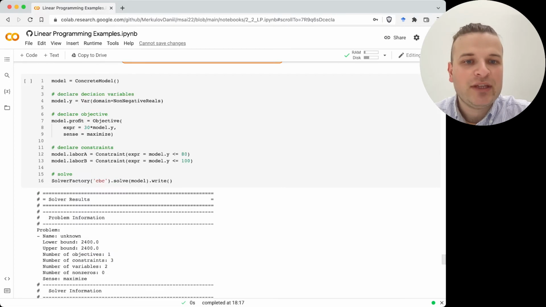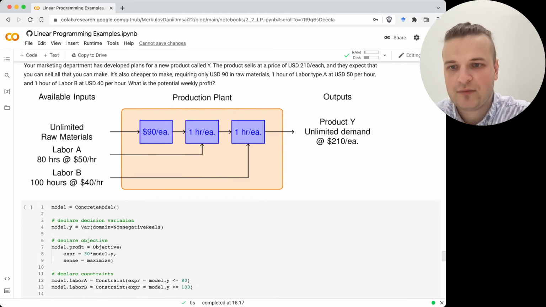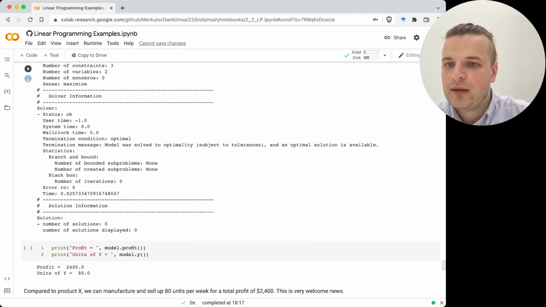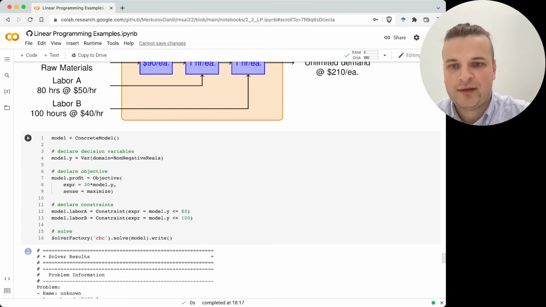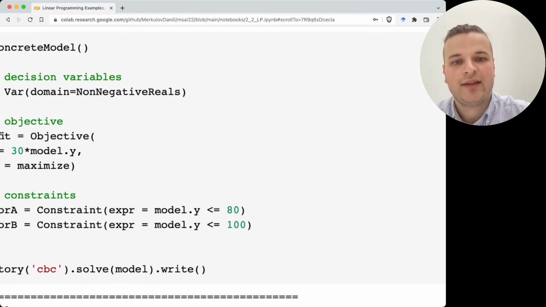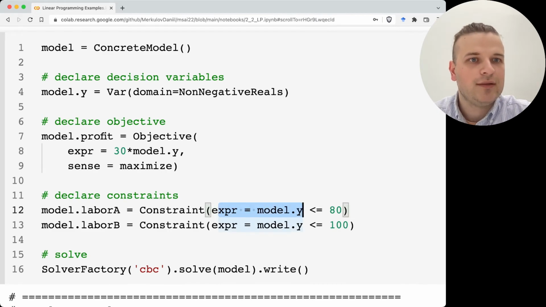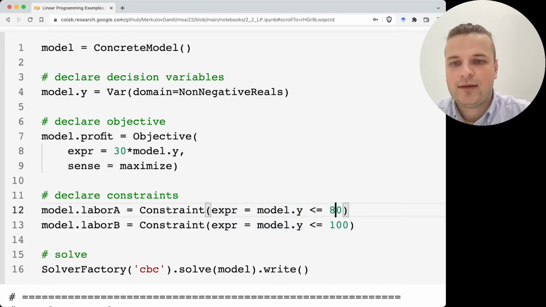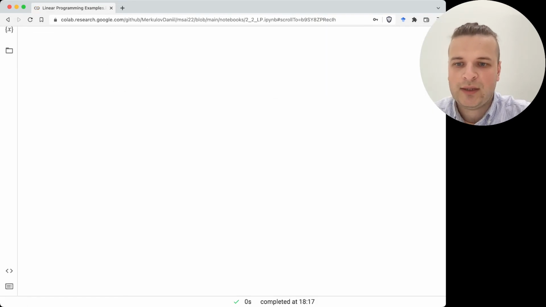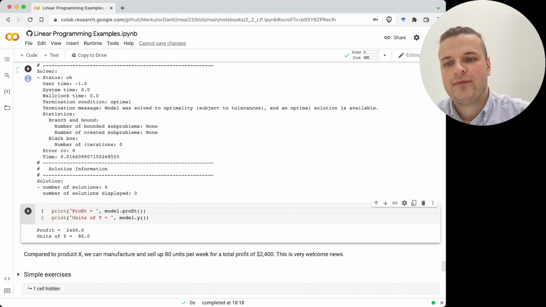And we have some limit, for example, the amount of working hours per week cannot exceed these numbers. Okay, and we'll immediately have the answer.